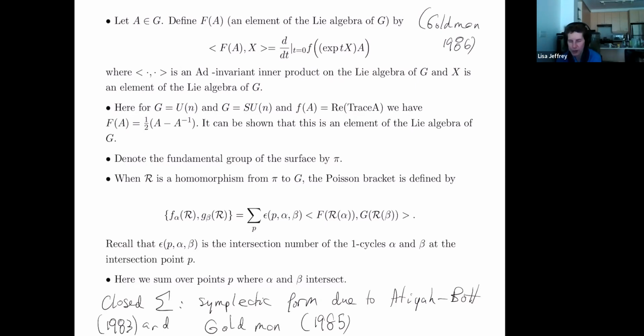This symplectic form on the character variety is the form whose cohomology class is the first Chern class of the pre-quantum line bundle of those moduli spaces.